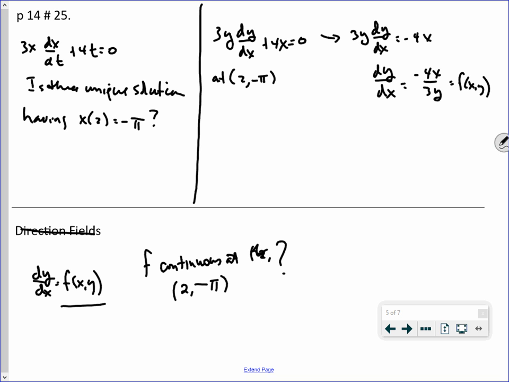So f, my function, the formula on the right, negative 4x over 3y. Is that continuous around the point? Well, where is it not continuous? The only place f is not continuous is when y equals 0, because that would give me a 0 in the denominator, and we're not near that. So f is continuous at 2, negative pi.